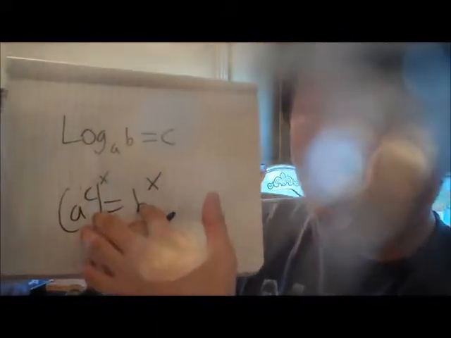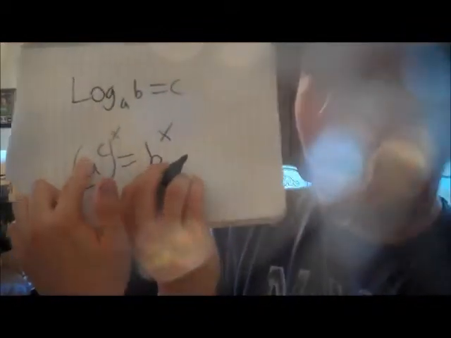What do I have to make a equal? I have to make this side a to the c to the x power, right? Because since this is equal to b, and I make b to the x power, I have to make the other side to the x power too to make it equal, right? But we know that log a of b is equal to c, right? But now, guys, what is the answer to this new equation here?